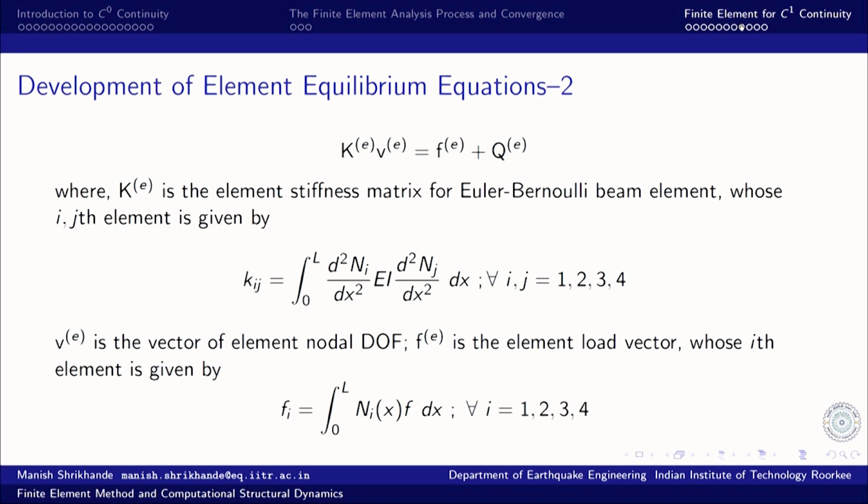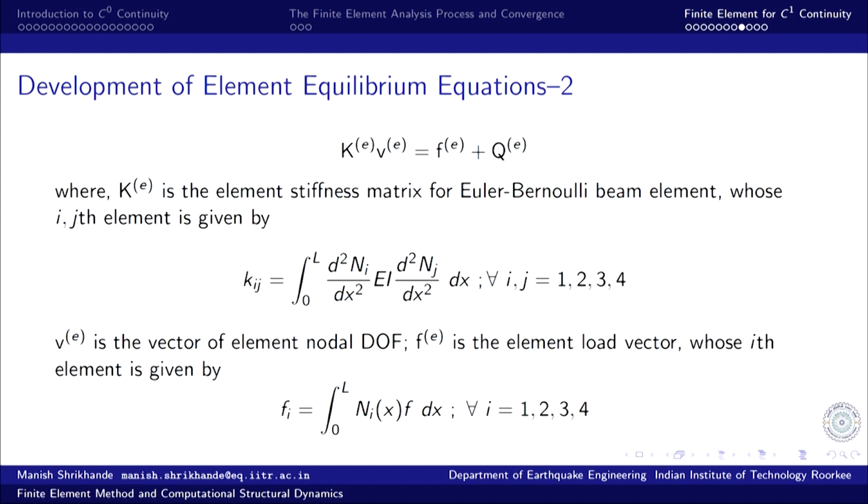So, once we have this, the element level equations, which is K^E V^E is equal to F^E plus Q^E, where the Q^E are the internal force secondary variables. For each of the elements, we can discretize the domain into several smaller elements, and for each element we will have similar element level equations.